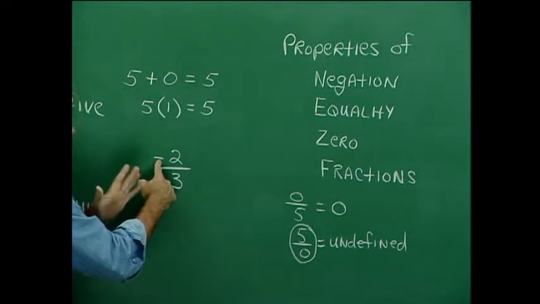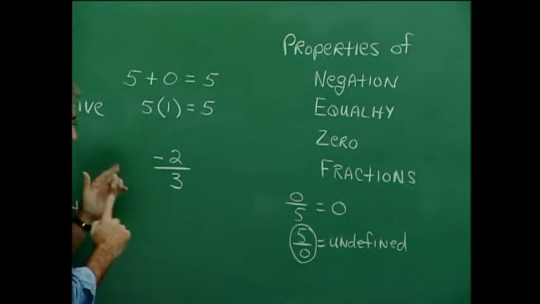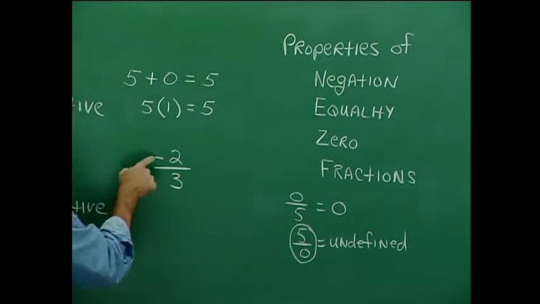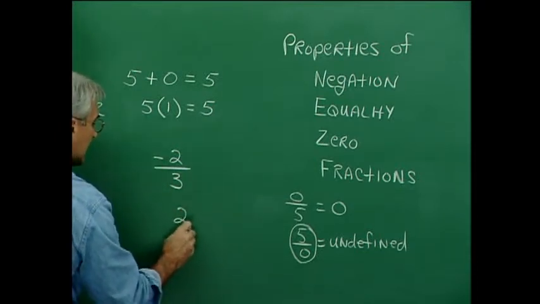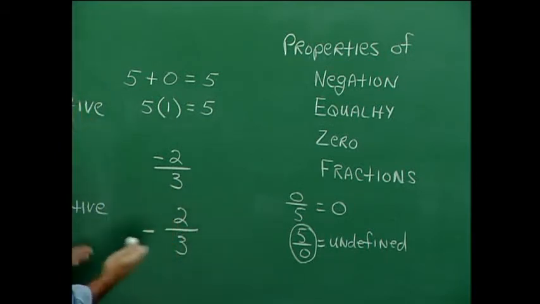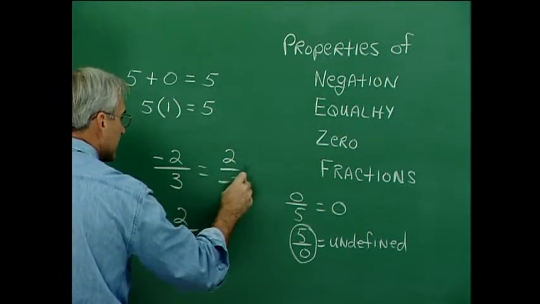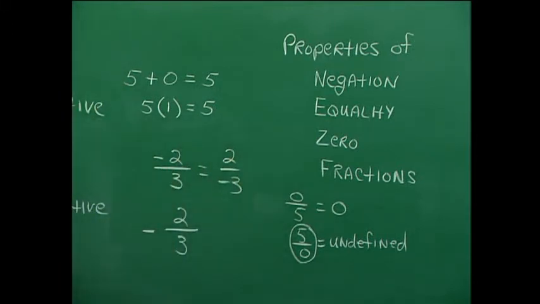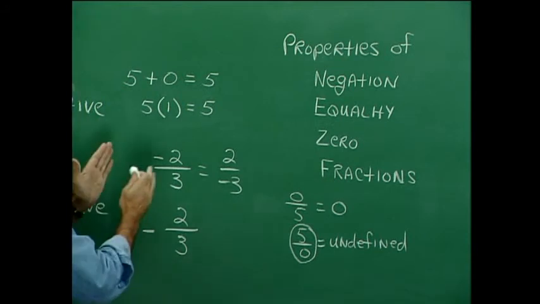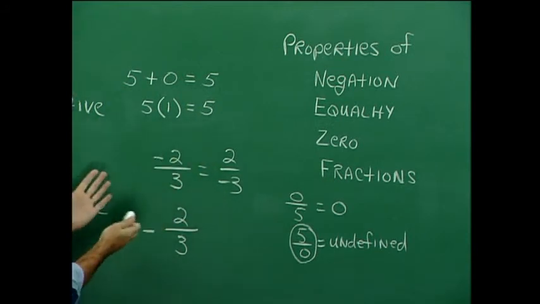In fact, you can think of it like this: in these 3 signs you can change any 2 of them. So if I change this sign to plus and the sign of the fraction to minus, I get minus 2/3. But that's the same thing also as 2 over negative 3. See, all these say the same thing. So when you have a negative sign in a fraction, it can float to any of the 3 different positions.